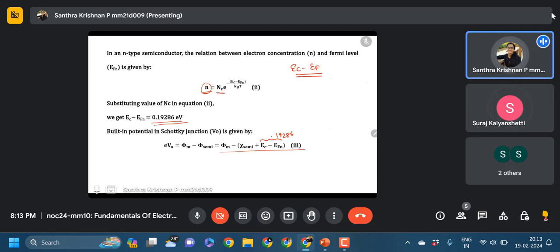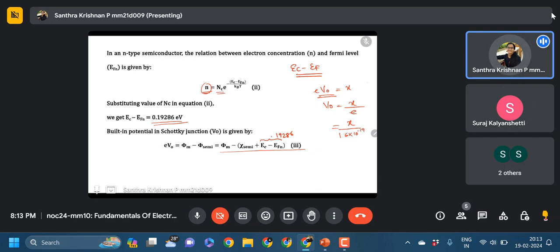Psi is given, phi m is also given. So you get eV0. If eV0 is some x value, then V0 is equal to x divided by e, that is x divided by 1.6 into 10 power minus 19. So you get your V0 value. That is the built-in potential in the Schottky.